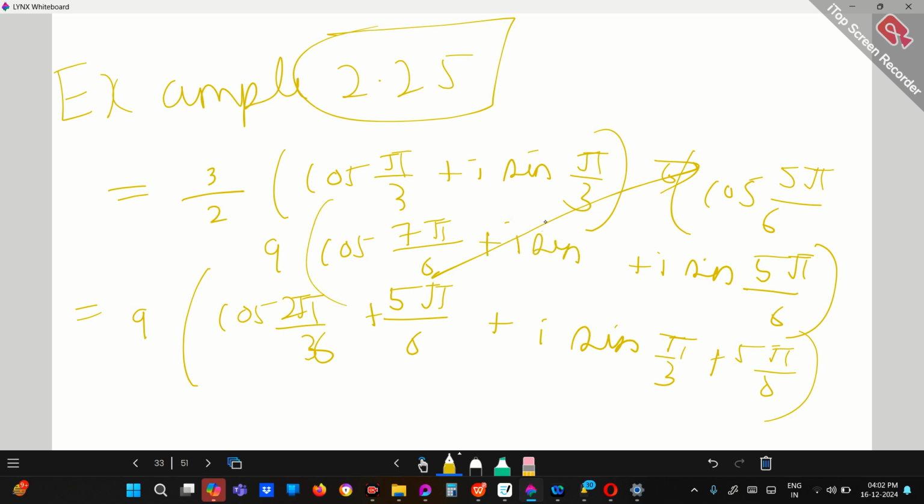And the other one is 9 into cos of 7 pi by 6 plus i sin of 7 pi by 6, right?